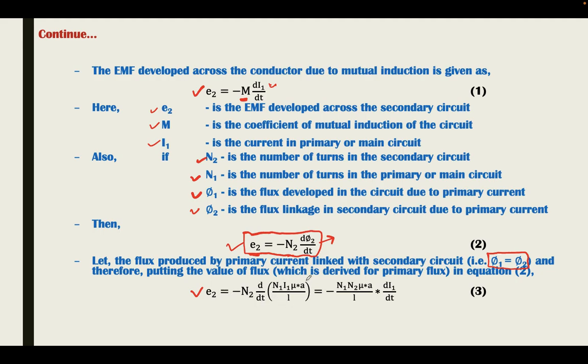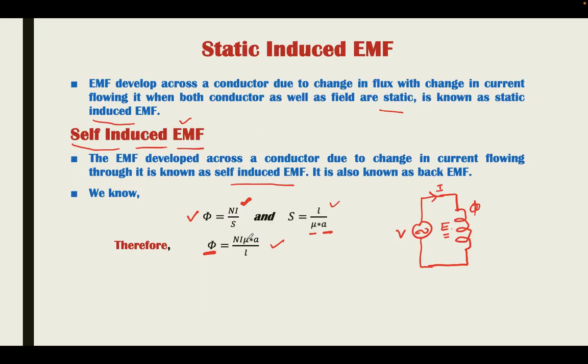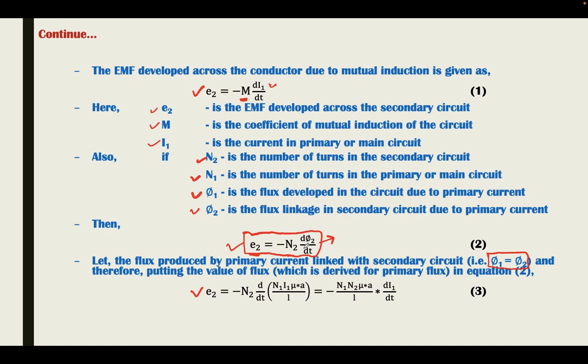and putting the value of phi over here, we have already described what the value of phi is. Phi is equal to mu I N into A upon L. Considering this equation, we are going to put it over here, because this flux is due to the primary parameters, and hence it will be N1 I1 mu A upon L. Now rearranging this equation, it will give us minus N1 N2 mu A upon L into di upon dt.